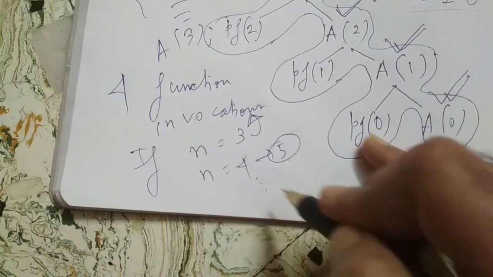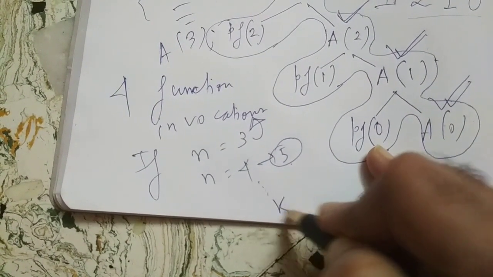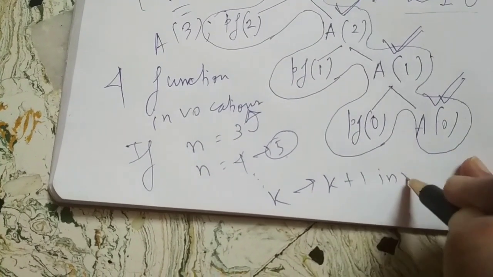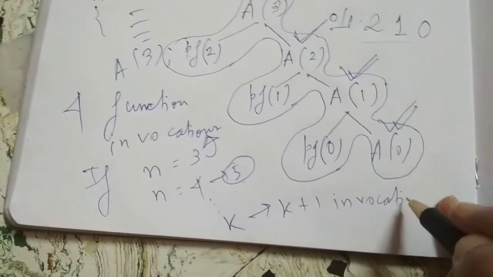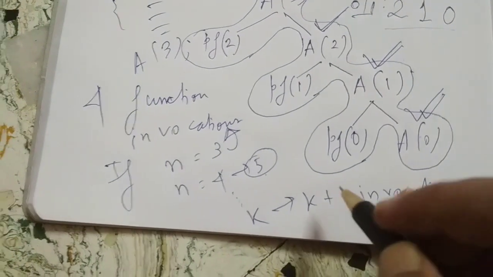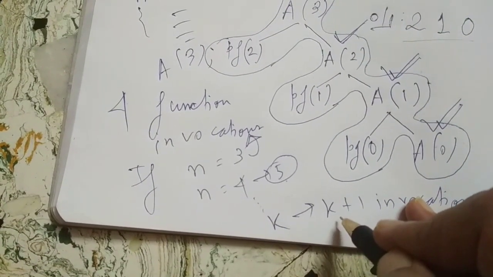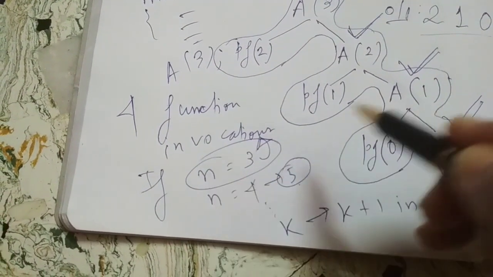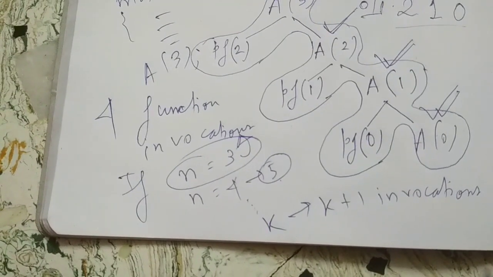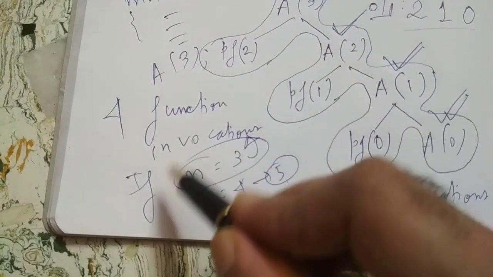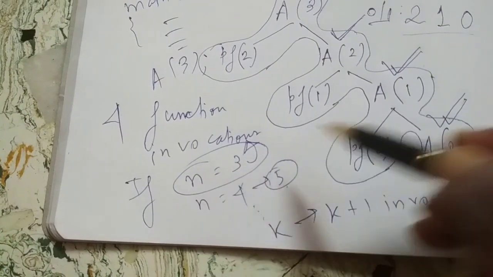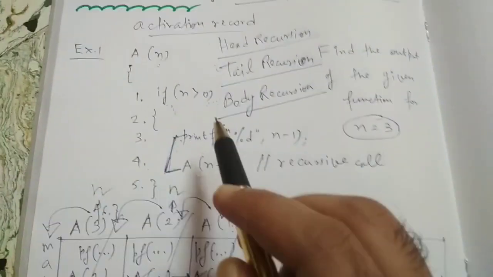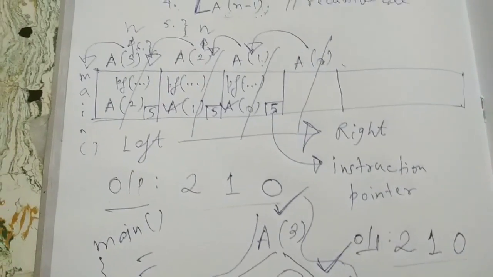Similarly, if I generalize this for n equal to k, I have to make k plus 1 invocations. It clearly denotes that depending on the value of n, we have to make a certain number of function invocations. So for a particular value of n, we have to make n plus 1 invocations.